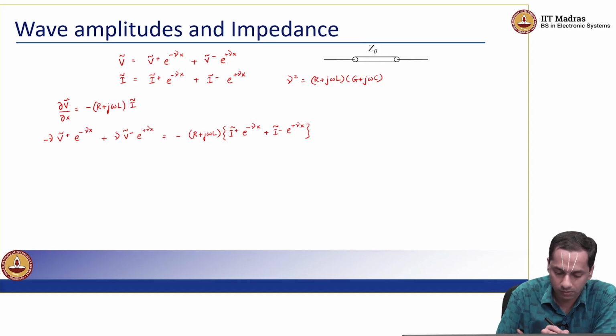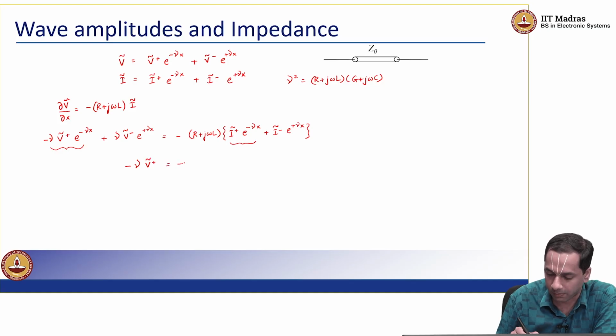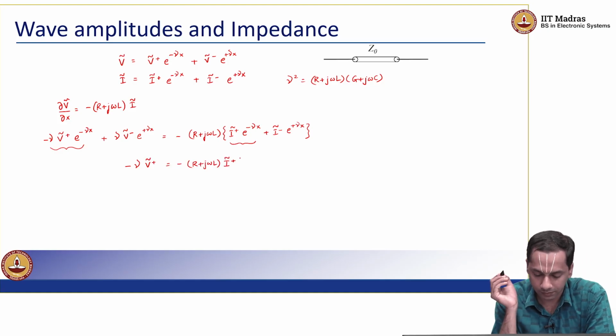Okay, so when I look at this, I can compare this term to this term and I can get minus gamma V plus is minus (r plus j omega L) I plus, right.